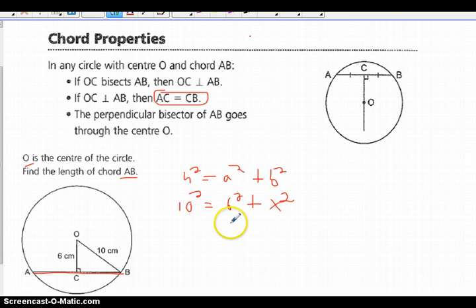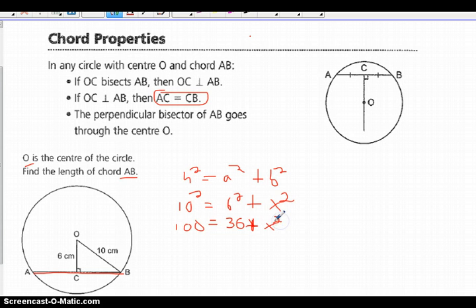Now all we do is solve. So 100 equals 6 times 6 is 36, plus, oops, this should be a plus sign here, plus x squared.